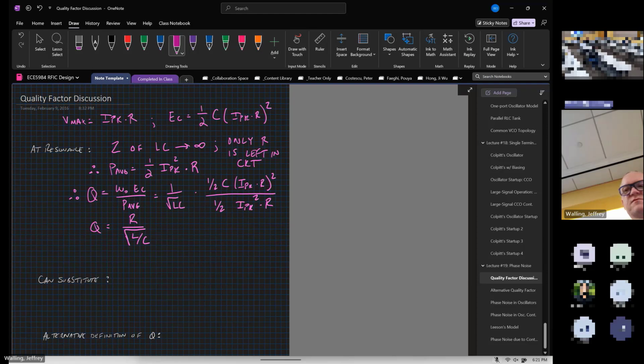Now, what does this denominator term look like? You've seen it before. Square root of L over C. Characteristic impedance, yeah. This is the characteristic impedance of the network.